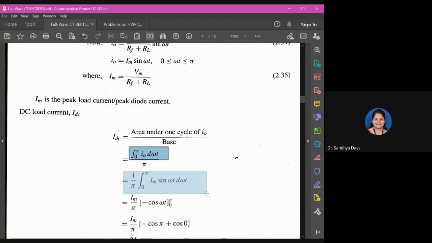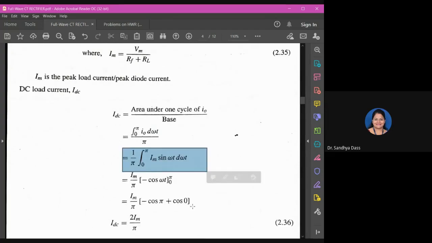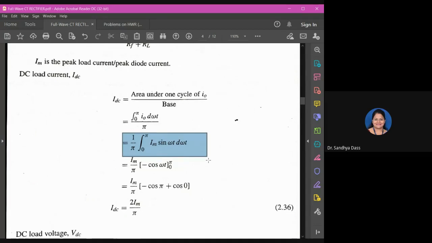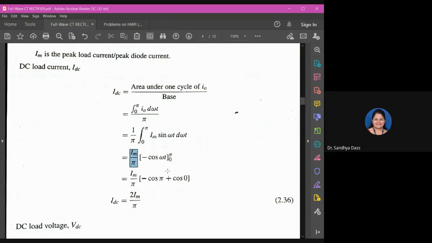So the calculation goes like this. You will take the 1 by pi outside and you will integrate your current I naught, which is Im sine omega t between 0 to pi, right? So integration of sine is minus cos, taking the Im outside, which is constant. Im by pi into integration of sine, minus cos omega t, and the limits will be 0 to pi.